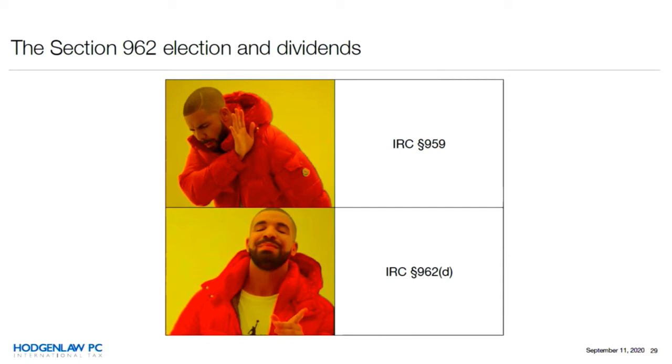Unfortunately, Section 962 throws that rule overboard and substitutes something else that says, hey, guess what? Some of that distribution you're receiving will indeed be dividend income to you, and you will have to pay tax. So good luck, you're back in the double taxation zone.